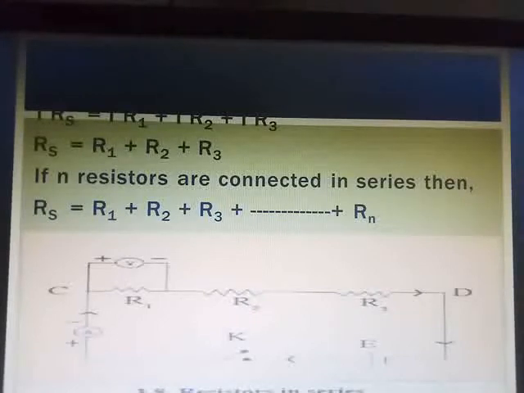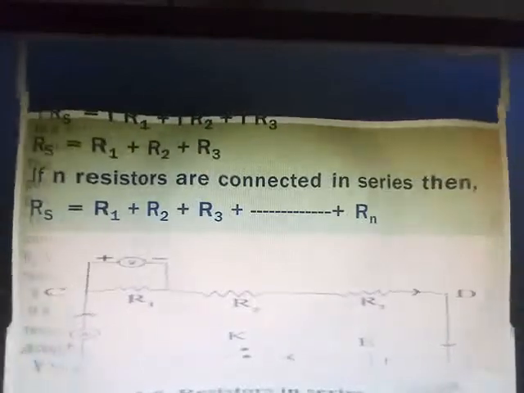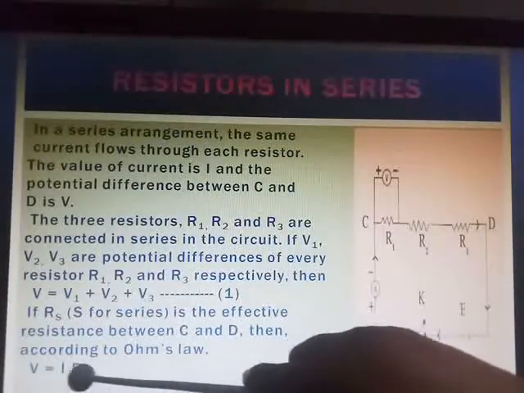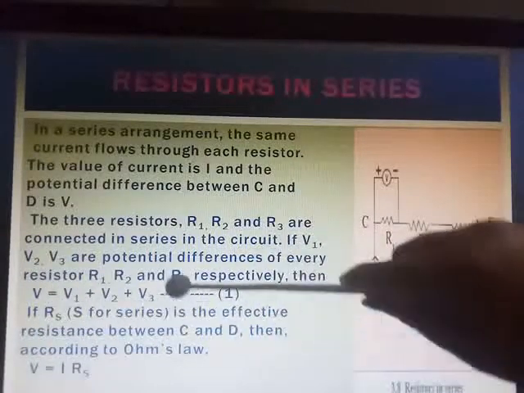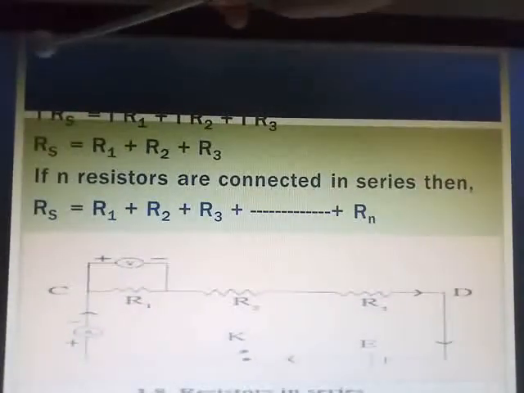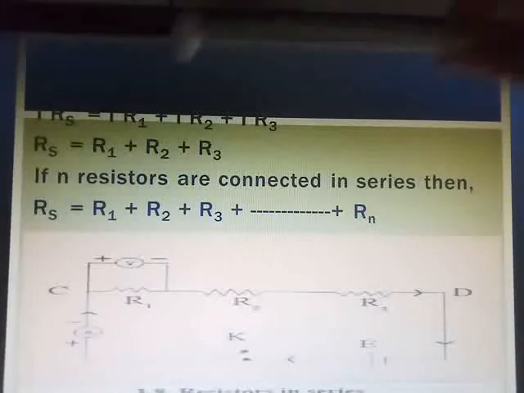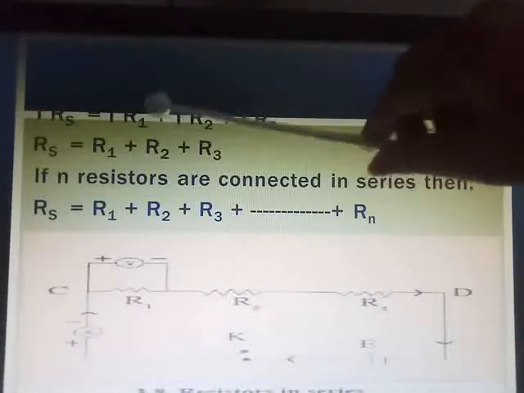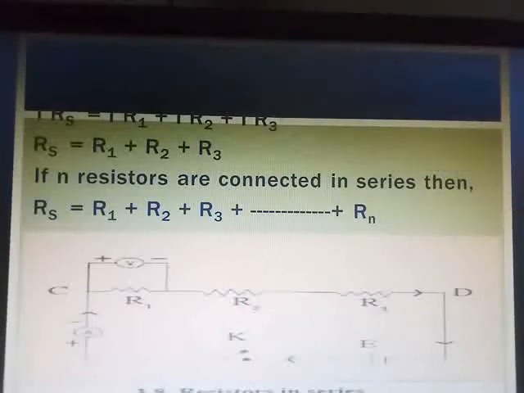Now substituting these values of V1, V2 and V3 in our previous equation, in place of V you will get IRs is equal to IR1 plus IR2 plus IR3.